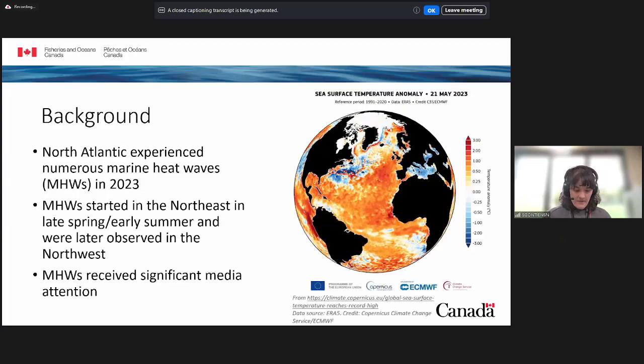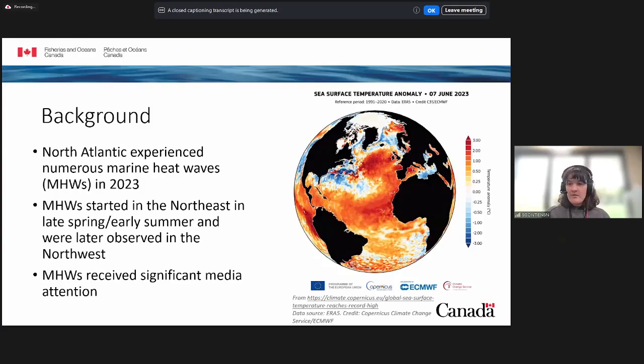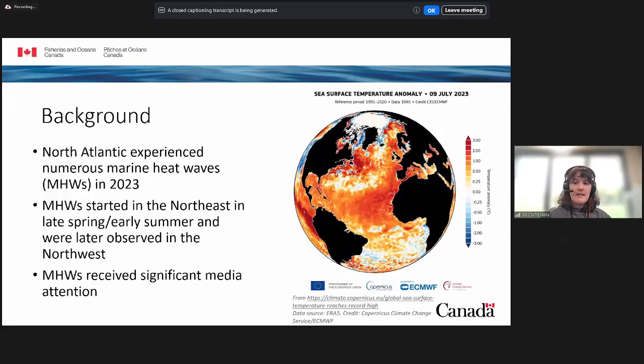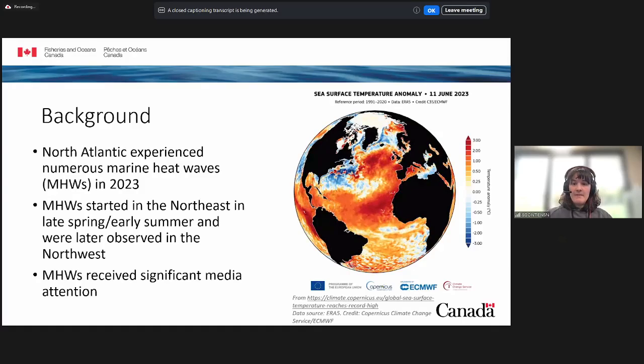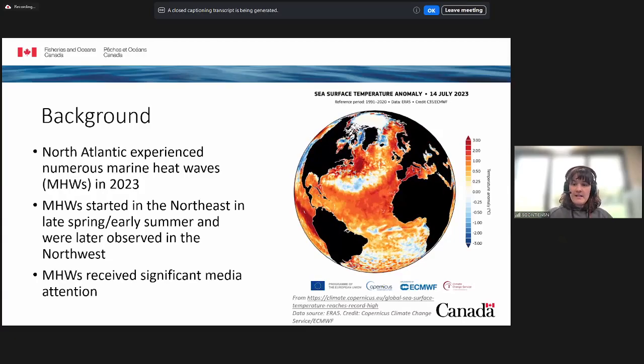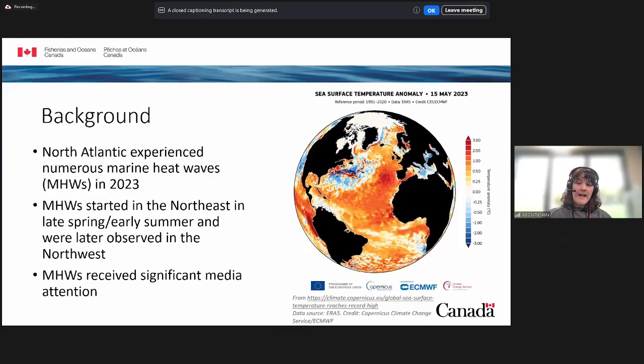Right. I'll first provide a bigger picture context by describing the marine heat waves that were observed in the entire North Atlantic in 2023. So Newfoundland wasn't unique in the fact that we had experienced some heat waves. In the animation on the right, you're seeing the sea surface temperature anomaly from the ERA5 atmospheric reanalysis.